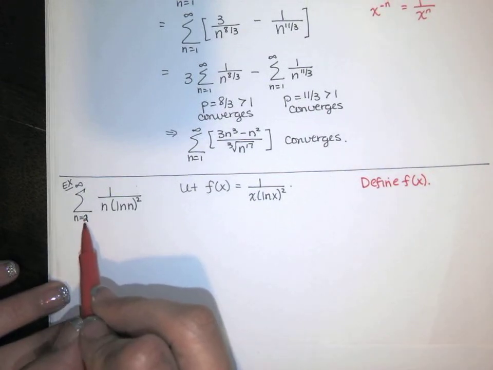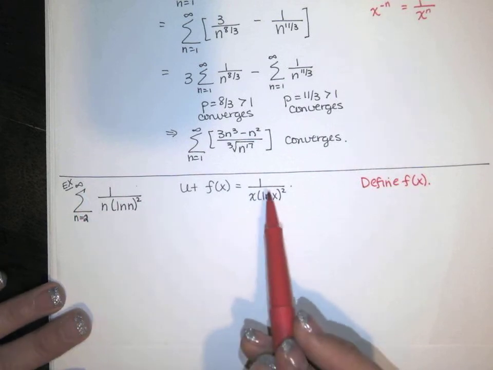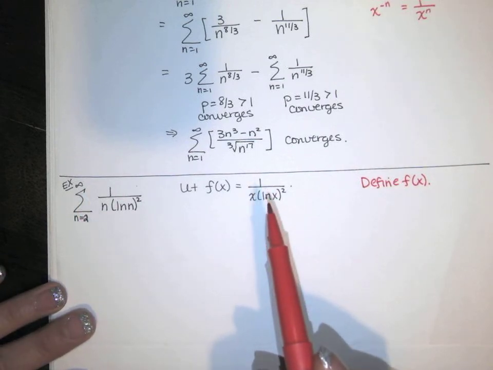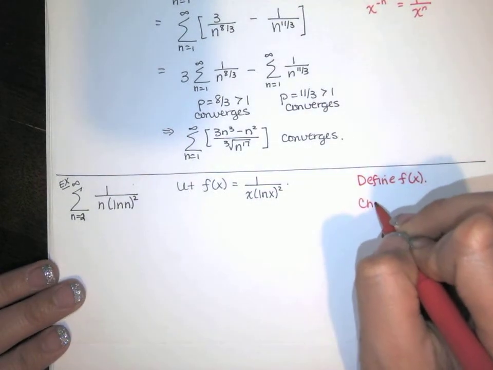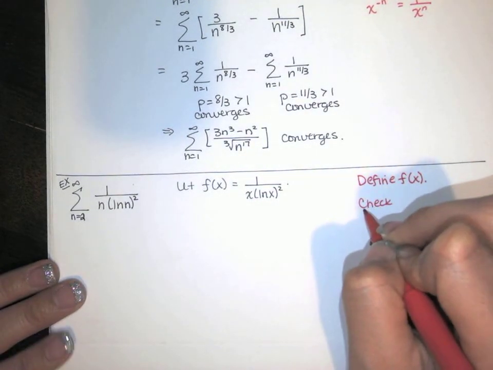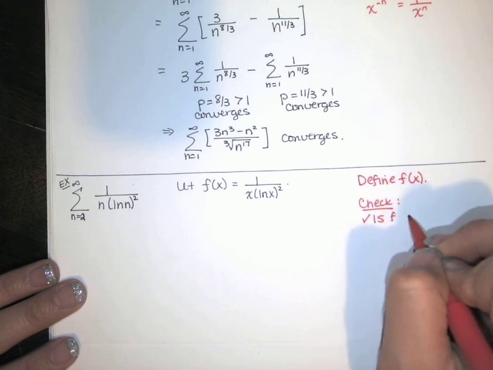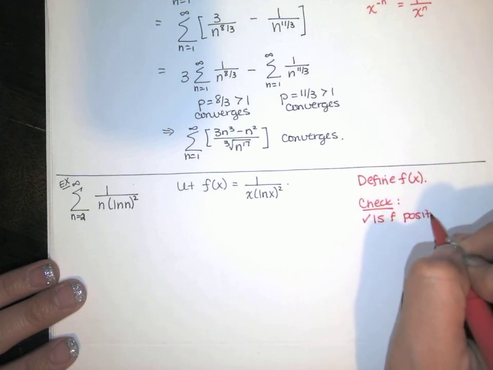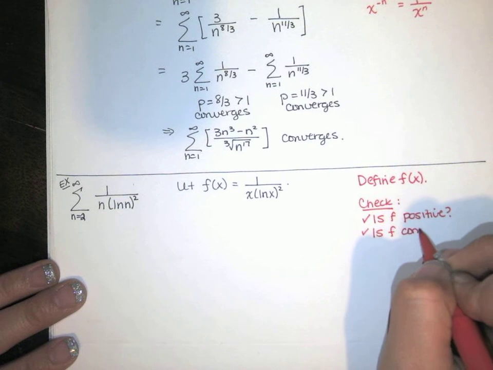Now I need to check that on the interval starting here and going to infinity, so for x between 2 and infinity, I need to show that this is positive, continuous, and eventually decreasing. I've got to check the requirements of the integral test. Is f positive? Is f continuous?